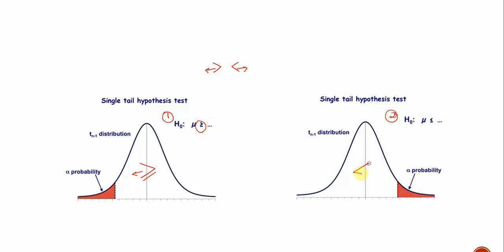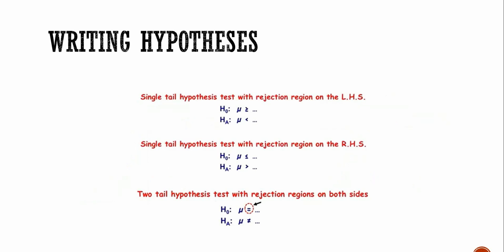So less than or equal to, the mouth is opening towards the right and we have the rejection region towards the right. So this is how you know in a single tailed hypothesis test whether the rejection region is towards the left hand side or towards the right hand side by seeing the symbol that you have used in the null hypothesis.